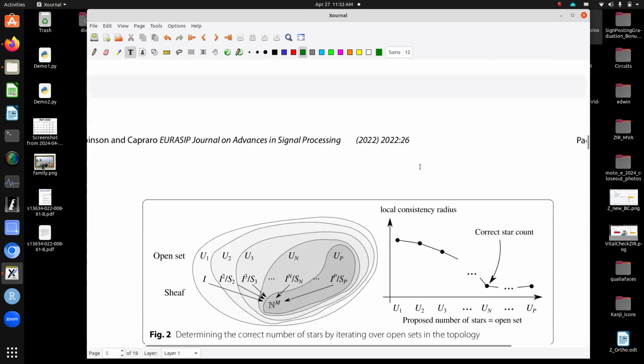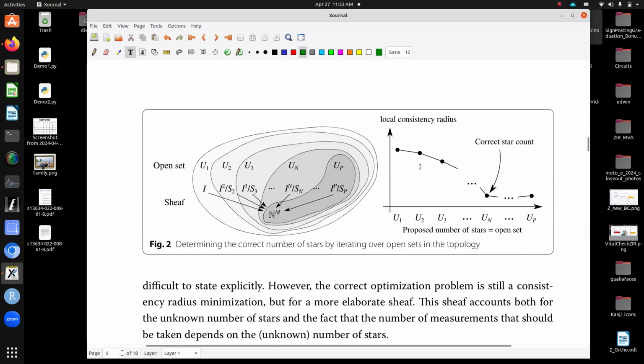All right, and then we're going to move on to the next page, which has some cool diagrams. This is over here, awesome diagram. Okay, so this is exactly explaining what we were seeing when we did the polynomial problem, where we kept increasing the degree of the polynomial, and eventually we got to the right answer, which in our case was just 3. Then when we did 4 and 5, it didn't change our local consistency radius because we were already at the best model.